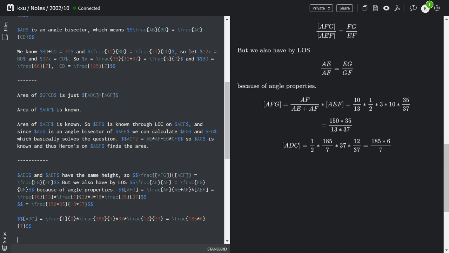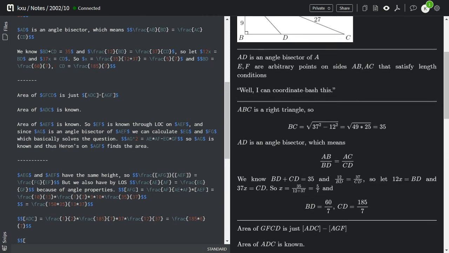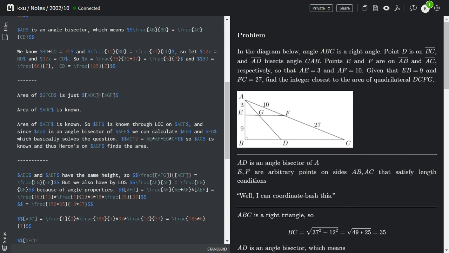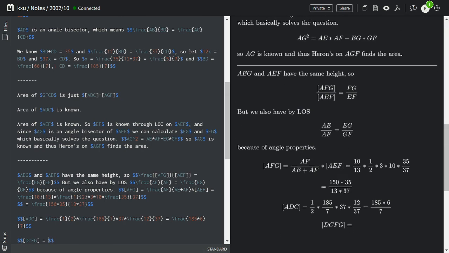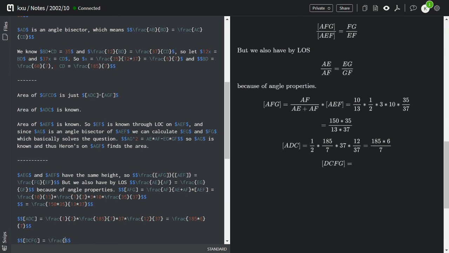This is why I like modern AIME problems much better. The area of DCFG is equal to 185 times 6 over 7 minus 175 over 13 times 37.